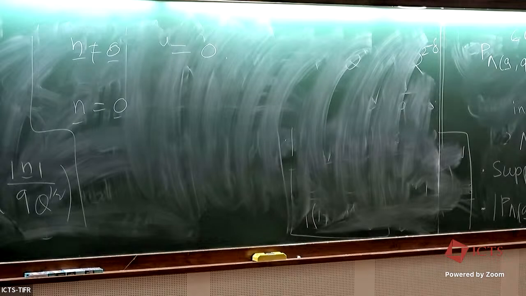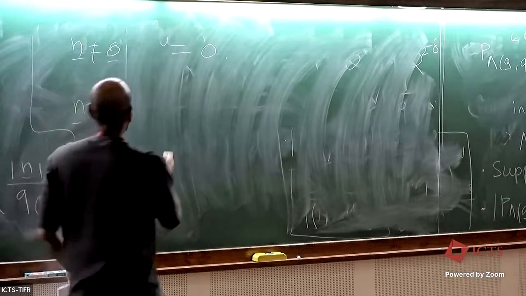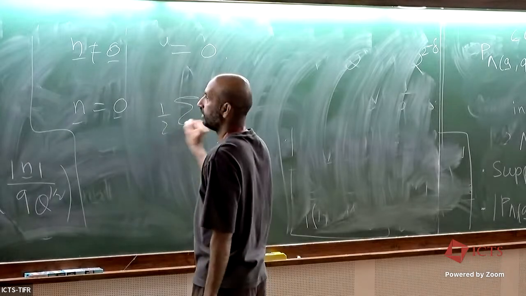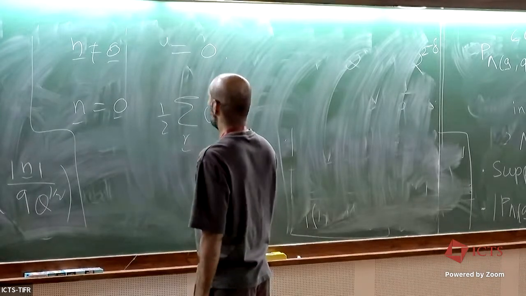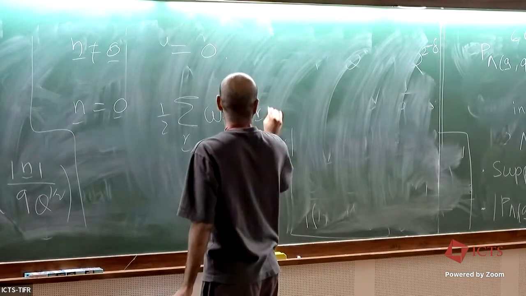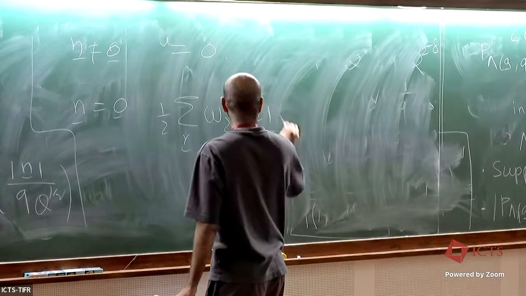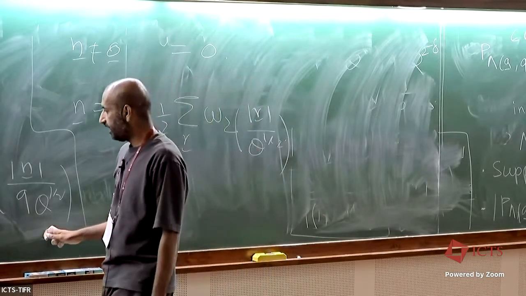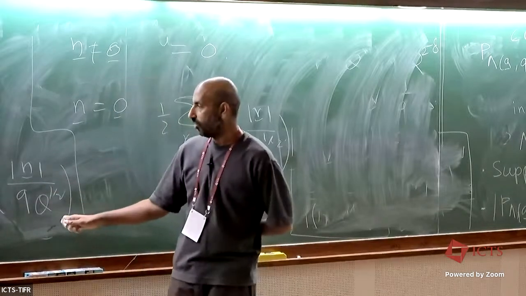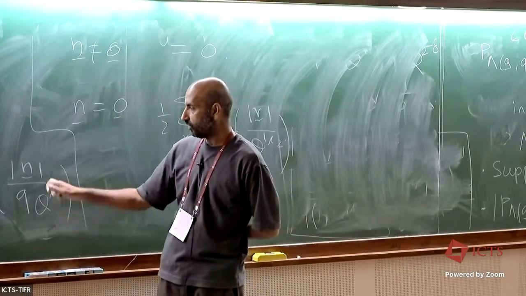The first guy, because this is 0, so n is 0, I have omega 1 of 0, which is 1, and I just have a sum of half omega 2 over R, q to the half. In the second expression, now omega 2 will be 0 because omega 2 of 0 is 0.